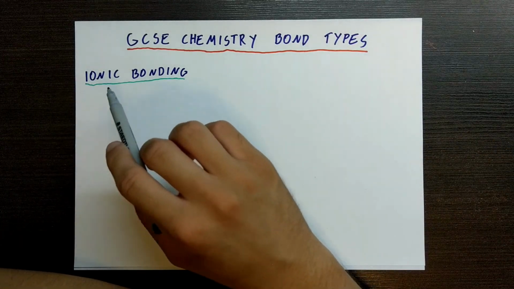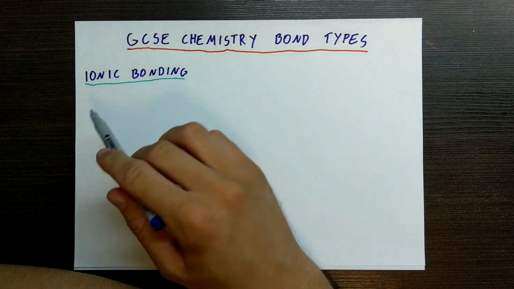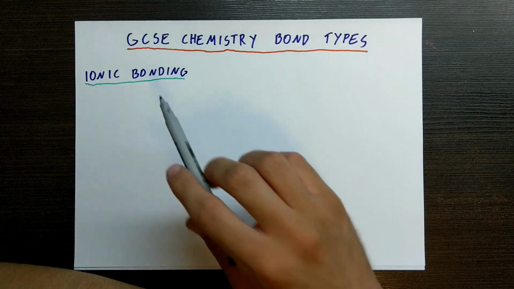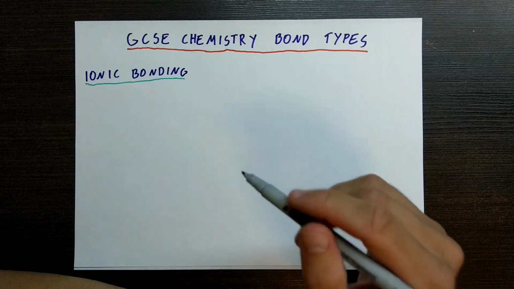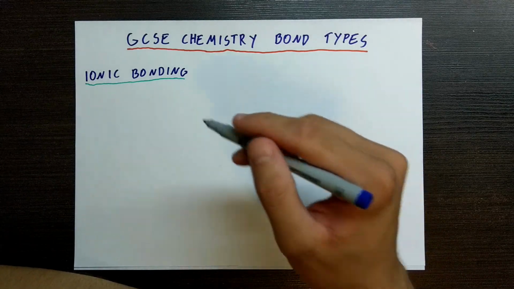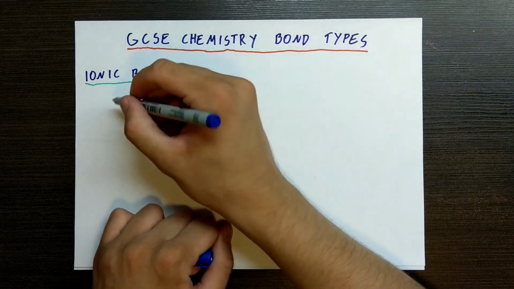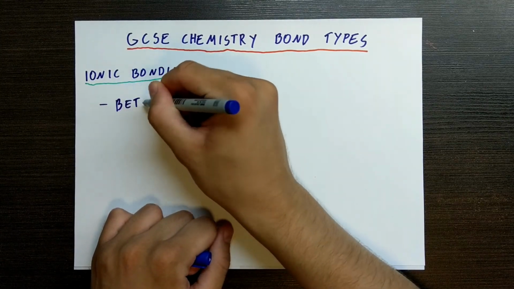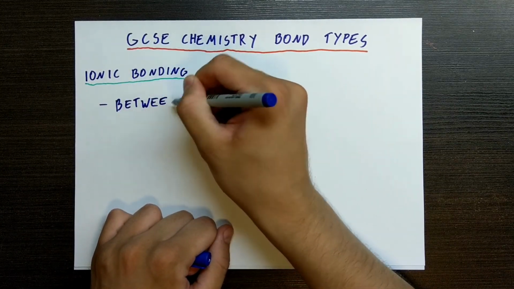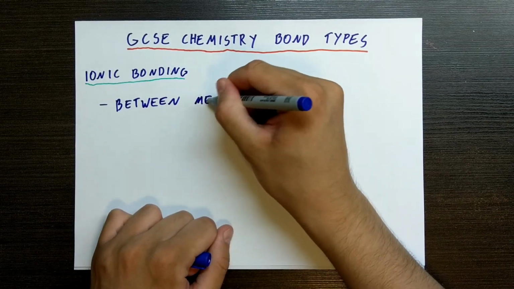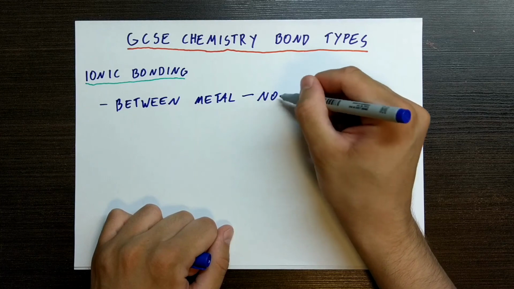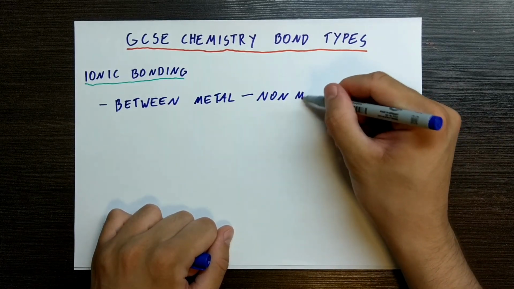First way that atoms or elements or molecules can bond is via ionic bonding. This type of bonding is usually between, I'm going to write it down for you, metal bonding to non-metal.